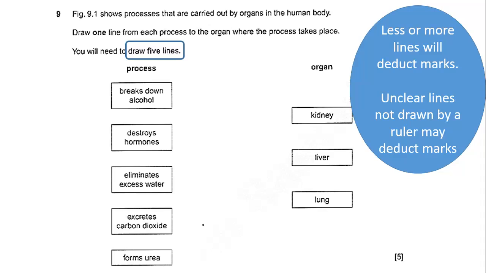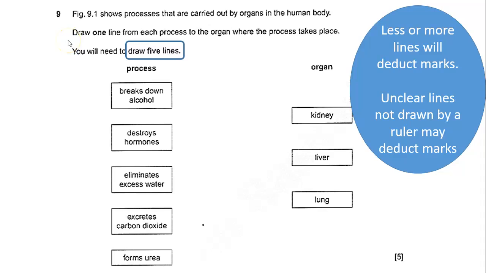Now, with the paper 3 question. Figure 9.1 shows the process that are carried out by the organs in the human body. Draw one line. Please don't forget to read the question carefully. From each process to the organ where the process takes place. You must end up with 5 lines.